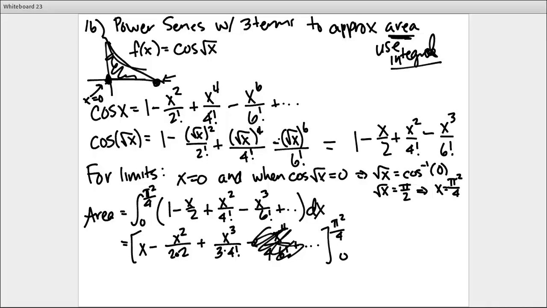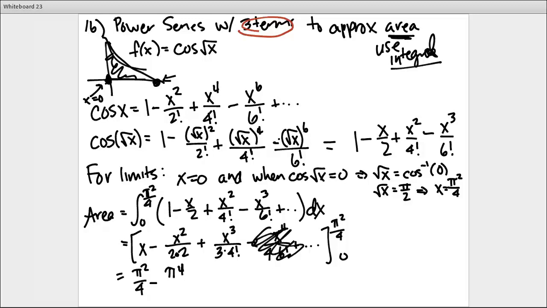Yeah, I don't need this guy. Don't give me too many terms. If we're saying 3 terms, I'm scratching that one out, because it says use a power series with 3 terms. So I only need those 3. And you're going to be plugging in the pi squared over 4 into all of the x's. What does that become?